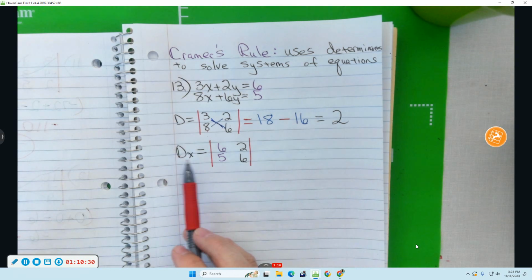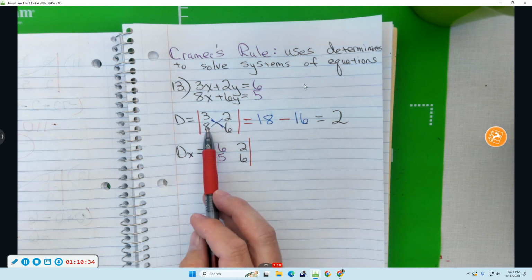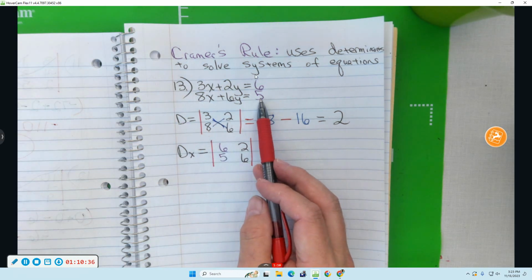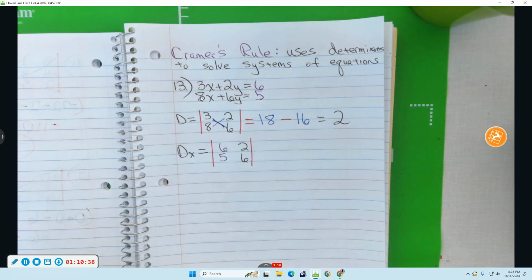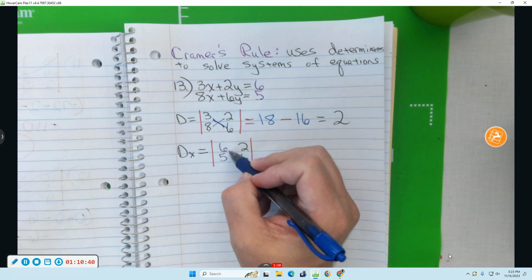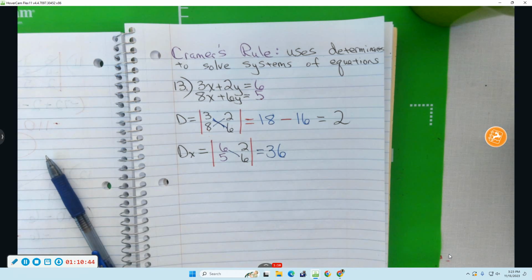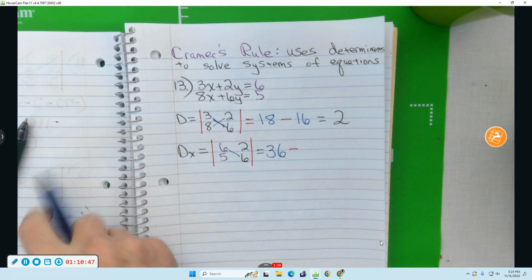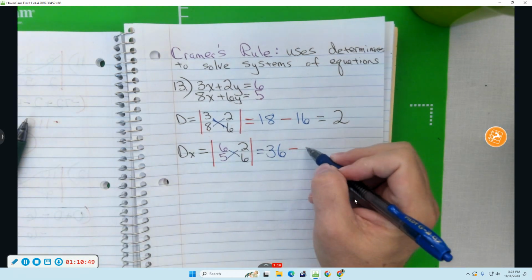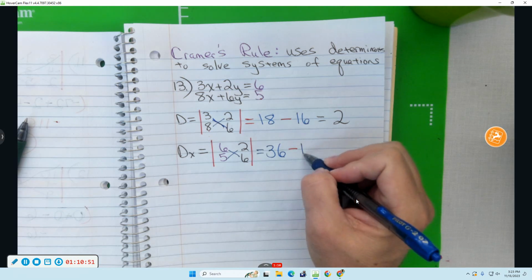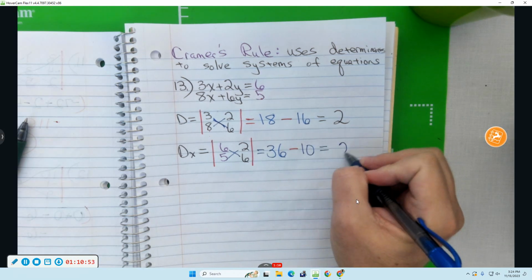Cross multiply, so 36 minus 10 to give us a 26.